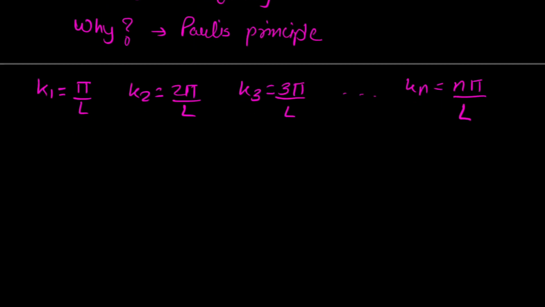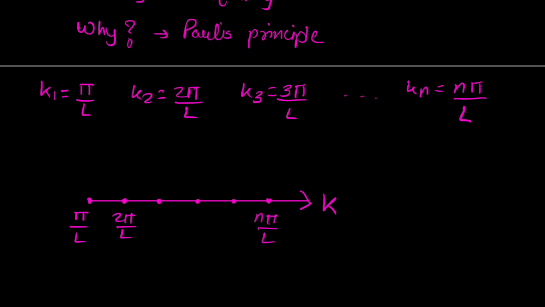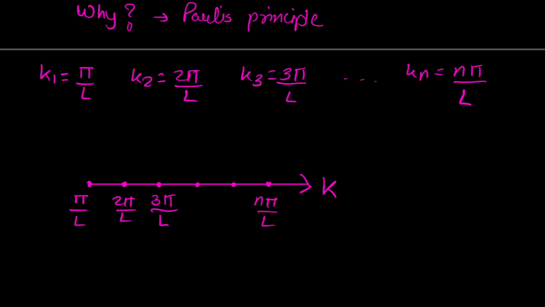Now let's draw these states as a function of k vector. So let's draw these states in the k space. The first state will be pi by L, then 2 pi by L, and so on. One observation that we can make in this graph is that the distance between two states is constant.